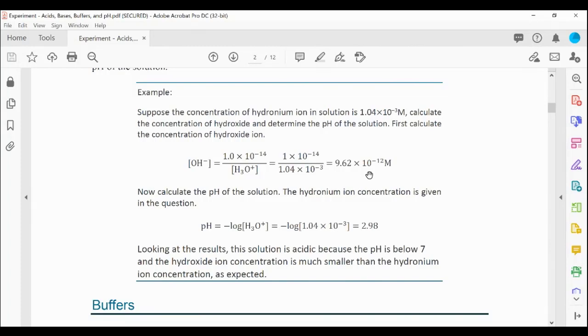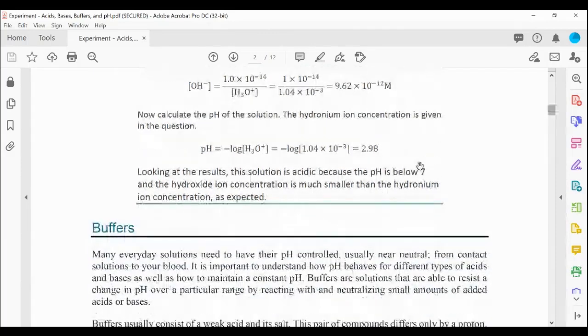It means that the concentration of hydronium ion is higher. That is going to be an acidic solution. We said that if the concentration of hydronium ions is higher than the concentration of hydroxide ions, the solution is acidic.